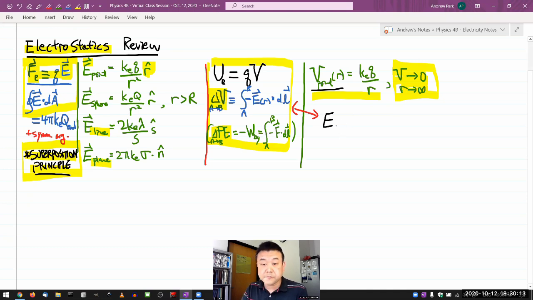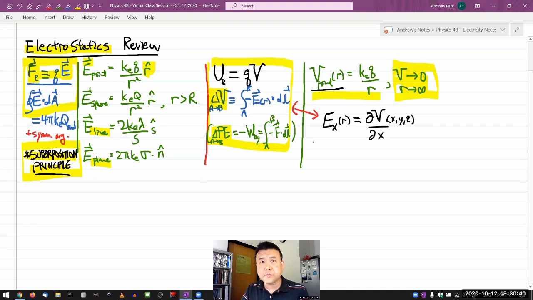So for example, the x component of electric field at a particular point is the partial derivative of the potential at that particular point, x, y, z, with respect to x. That gives you the x component right away. So you can imagine doing this for y, z, to build up the full electric field.